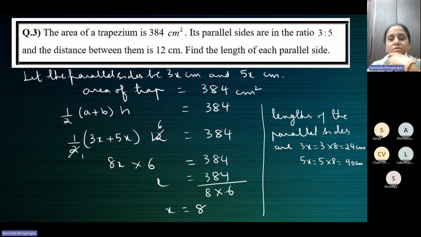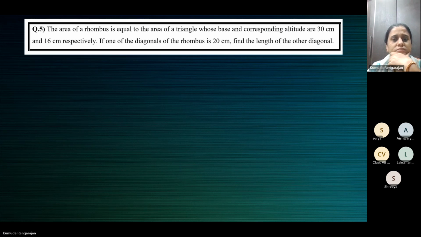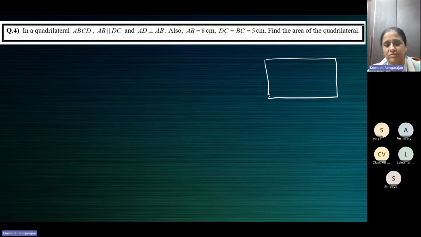All right. Next one. In a quadrilateral ABCD, AB is parallel to DC. So in a quadrilateral ABCD, let me just draw a rectangle first, and then we'll modify this to satisfy the information given.